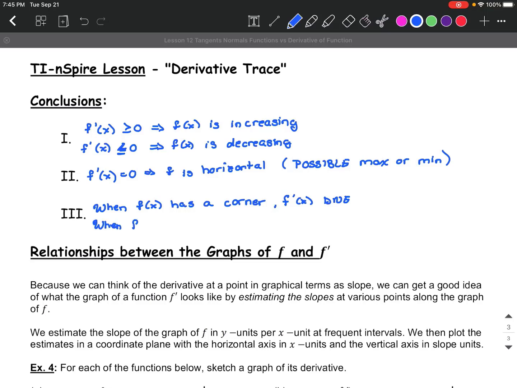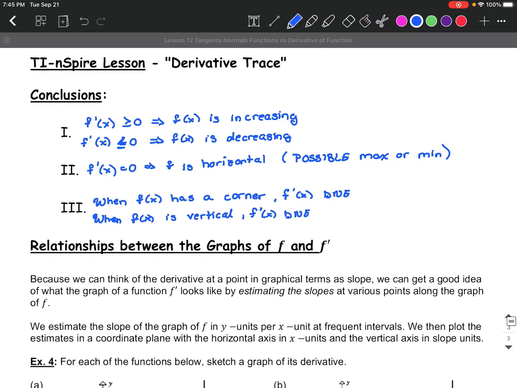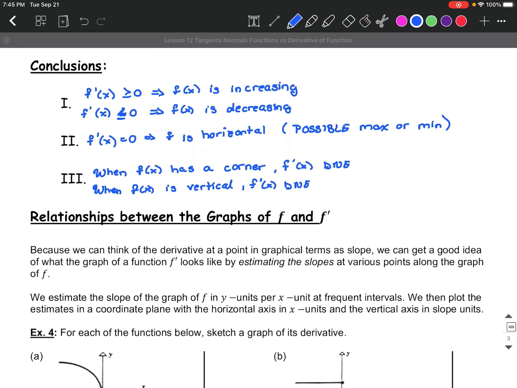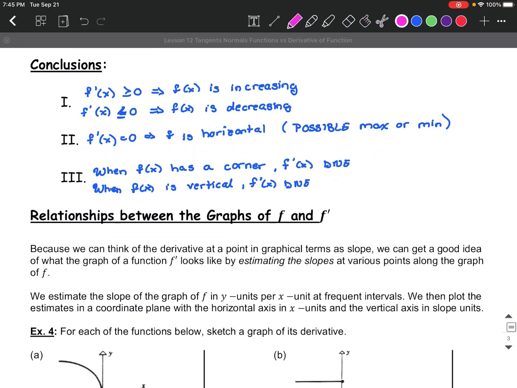When f of x is vertical, so it has a vertical tangent line, the derivative does not exist again. Okay, so those are the important things to take notice of. Now, some relationships between the graphs of f and f prime, some things to take note of.